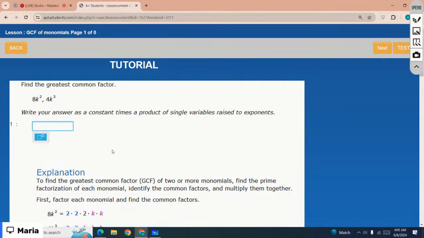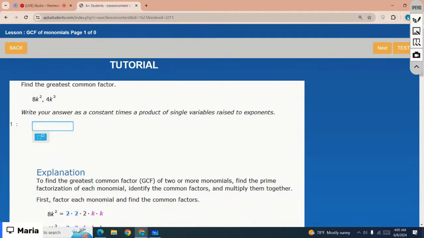So you need to find the greatest common factor, right? So whenever we have to find the greatest common factor, we have to do the prime factorization, right? Then we have to look for the common factors and then we'll multiply those common factors, right?